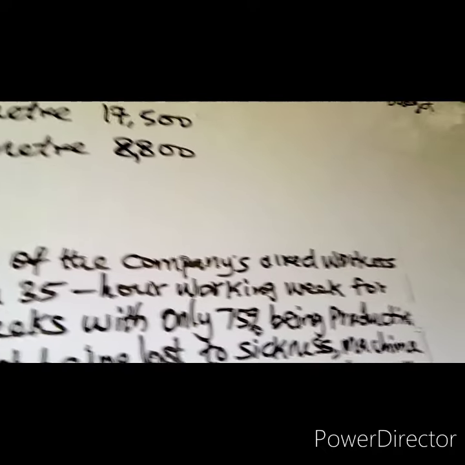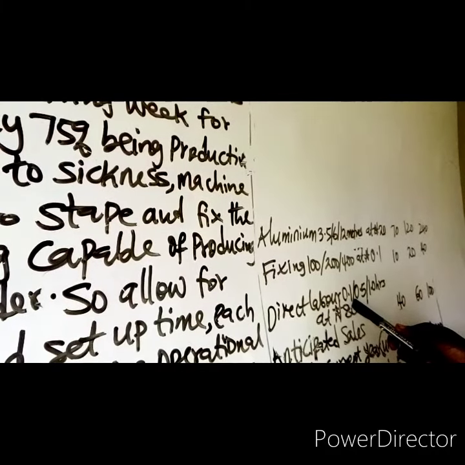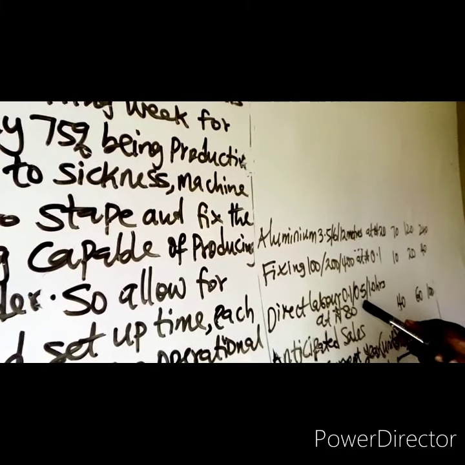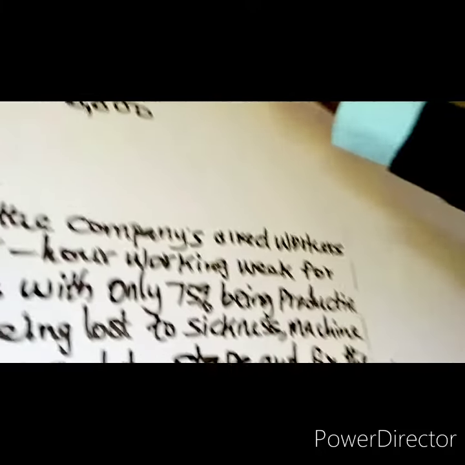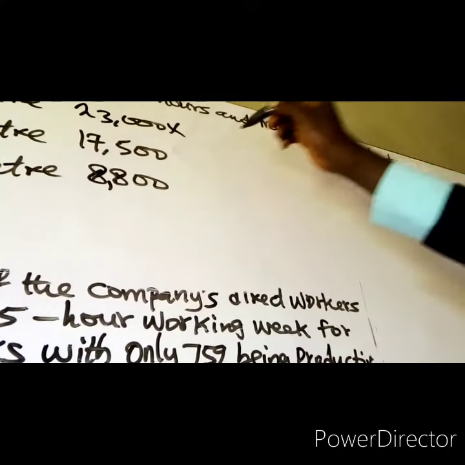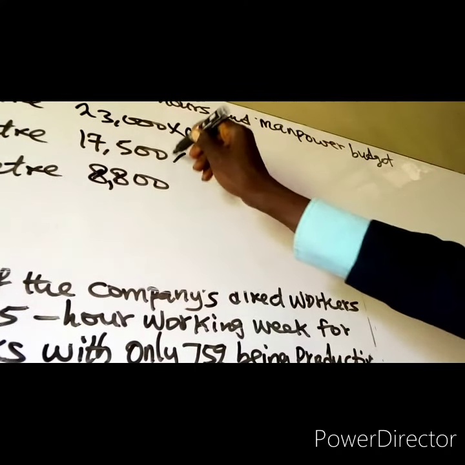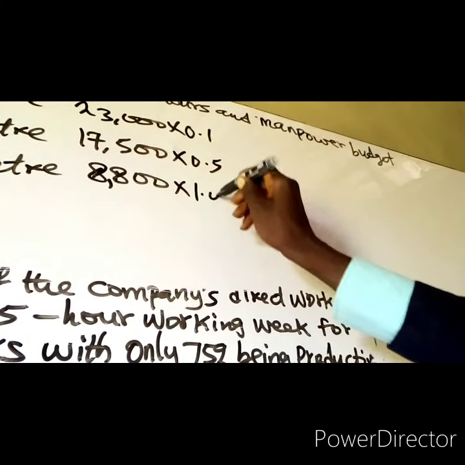The hours required for 3 meter is 0.1, for 5 meter is 0.5, and for 10 meter you have 1.0. So times 0.1, times 0.5, times 1.0.